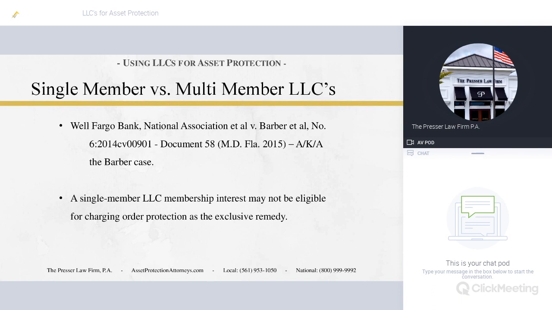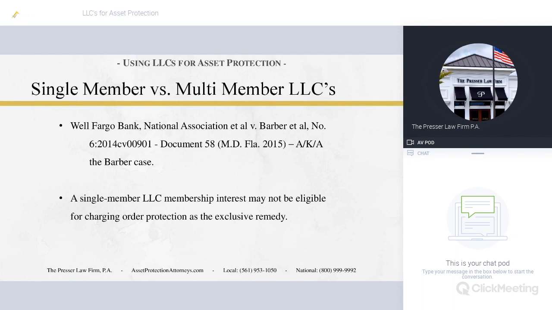So if an LLC decides to distribute out money at the end of the year and a creditor has a charging order against one of the members, then if the distribution is made, the creditor stands in the member's shoes and takes the distribution. The good news is that the operating agreement can build in protections and not require distributions to be made, but we'll get to that in a moment.